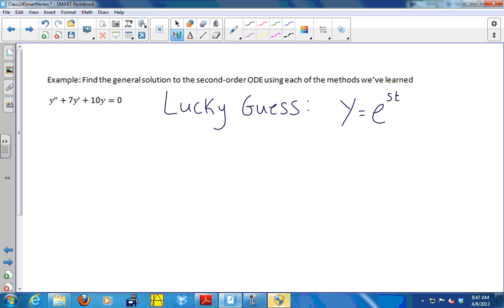So this makes sense now in terms of all the work we've done with systems. Although it might make more sense to call that s a lambda, but a lot of engineering applications use s, mathematicians use lambda, so we kind of go back and forth so that you get used to both of them. All right, so if my lucky guess is e to the st, I'm going to plug into this equation and figure out what s has to be.